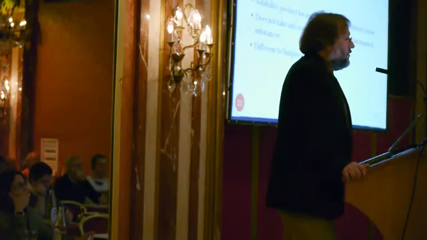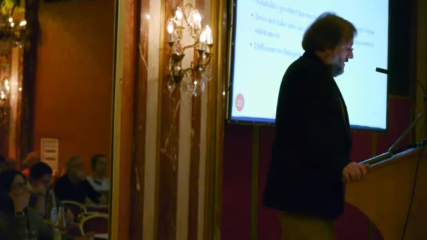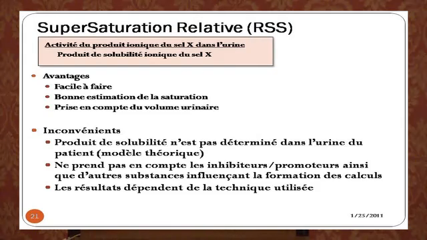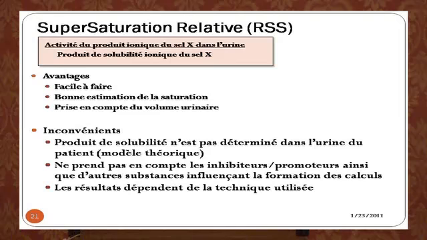The advantages of this technique are that it is fairly easy to do, although it is often hard to get a 24-hour urine sample from a cat, especially a client-owned cat. It is a good estimate of urine saturation, and it is influenced by urine volume, and we will come back to that. The disadvantages are that the number is related to the solubility product, and this is not determined in urine.